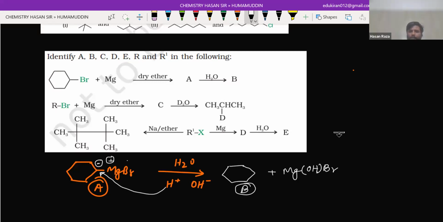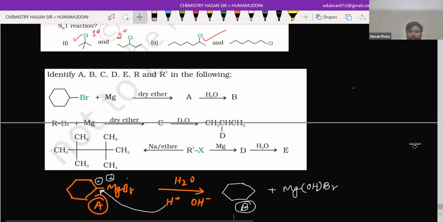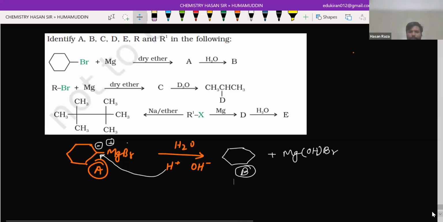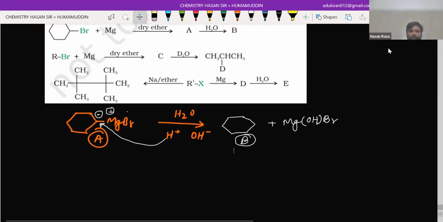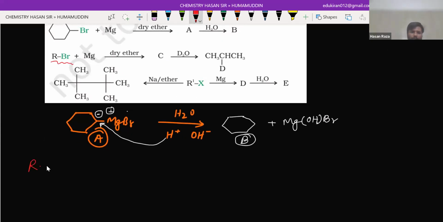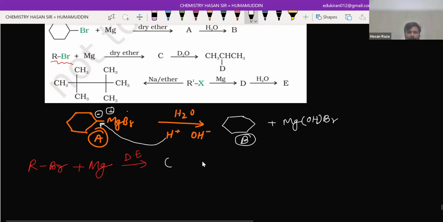Okay, now come to this one, which is RBr. If you're going to react this alkyl halide with magnesium in the presence of dry ether, you will basically get C, and C if you are going to react this with D2O.